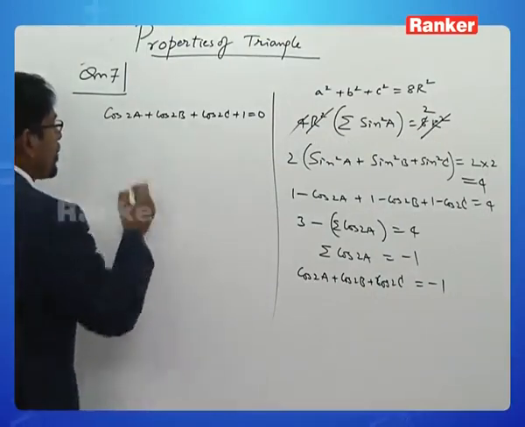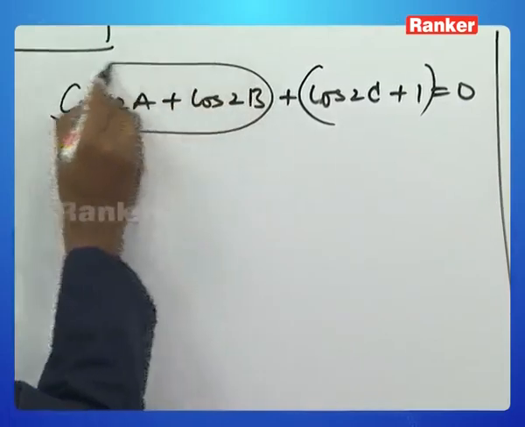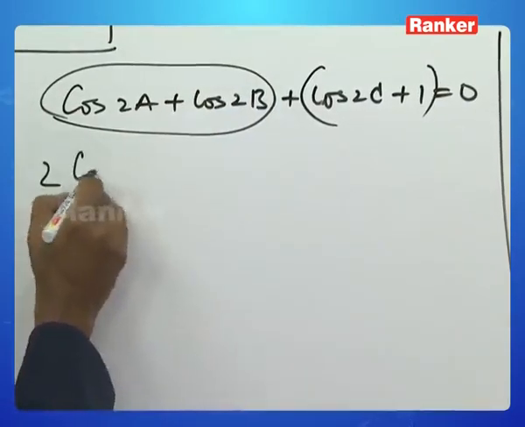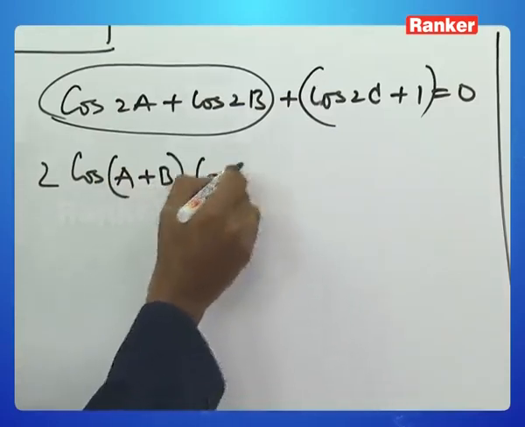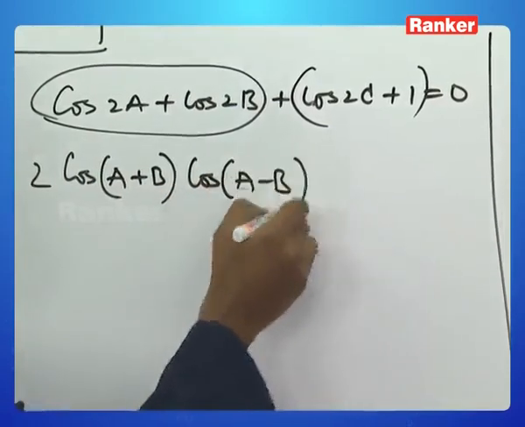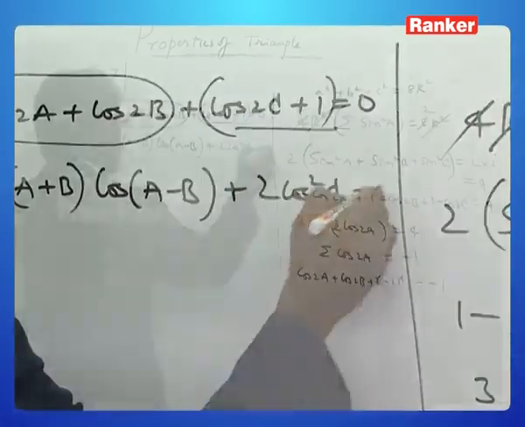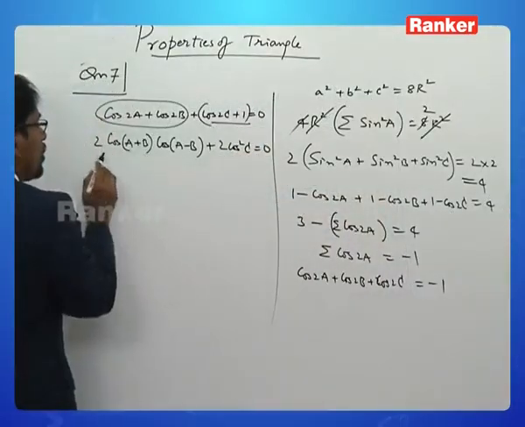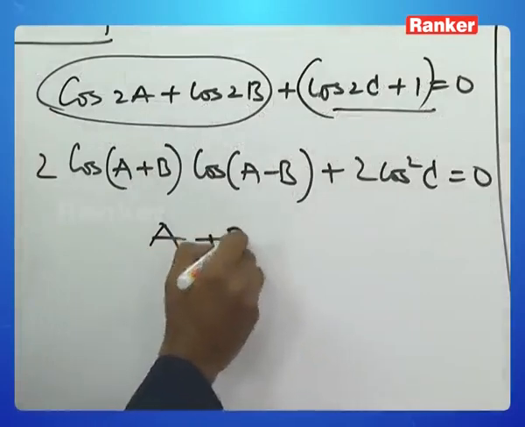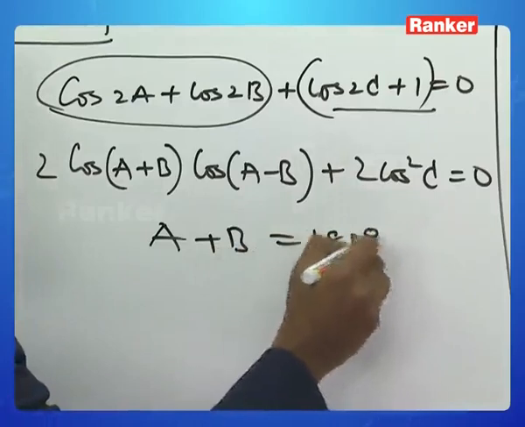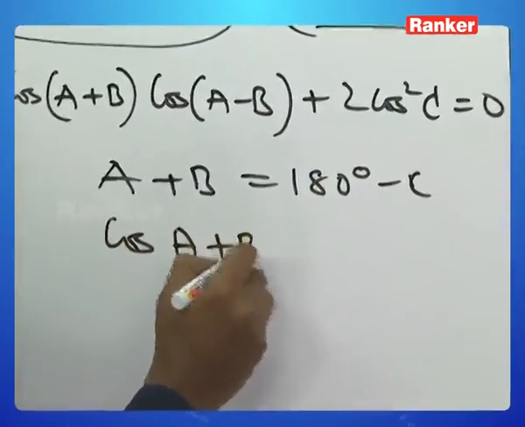We have that. Now let's have a look. What is cos 2A plus cos 2B? 2 cos of (A plus B) into cos of (A minus B). What is 1 plus cos 2C? 2 cos square C. You know that A plus B is equal to 180 minus C. Therefore, cos of (A plus B) will be equal to minus cos C.